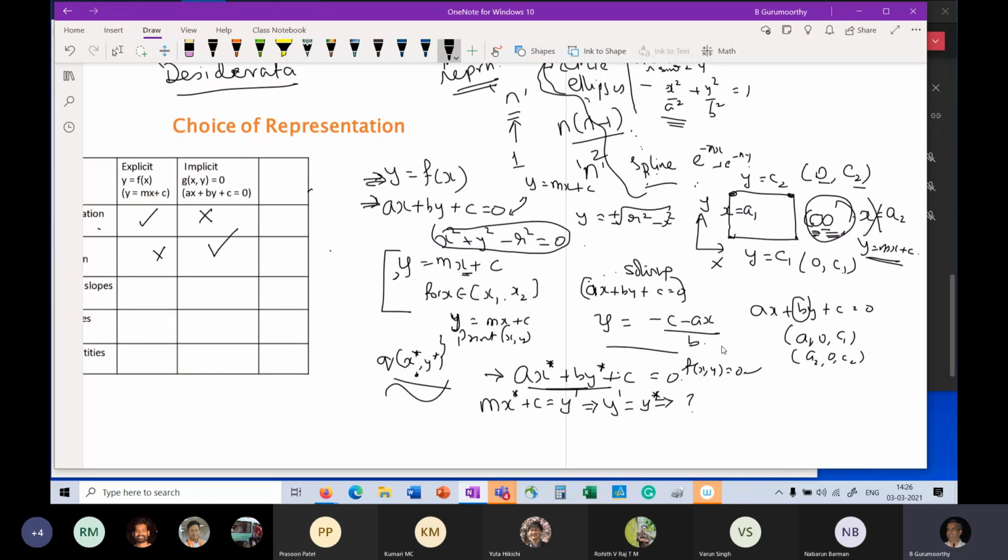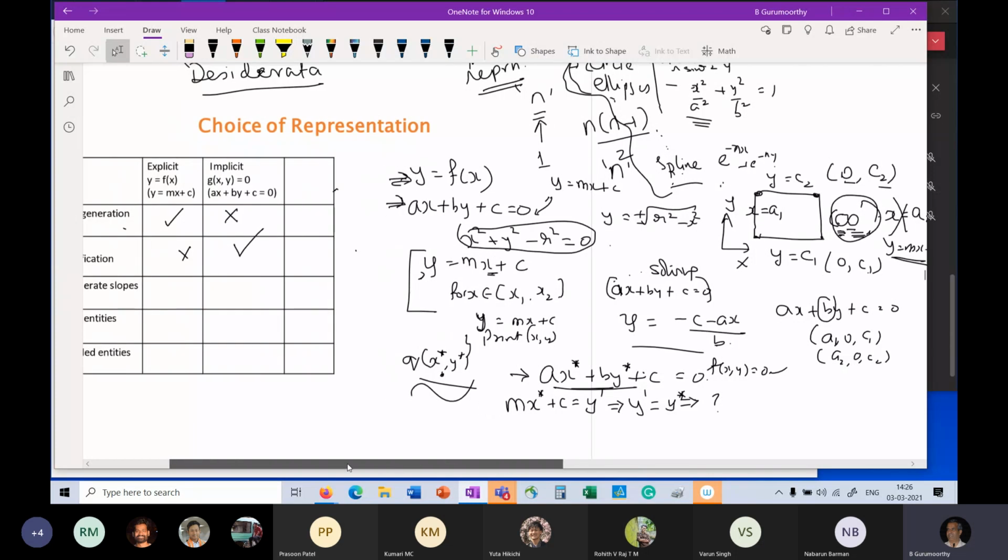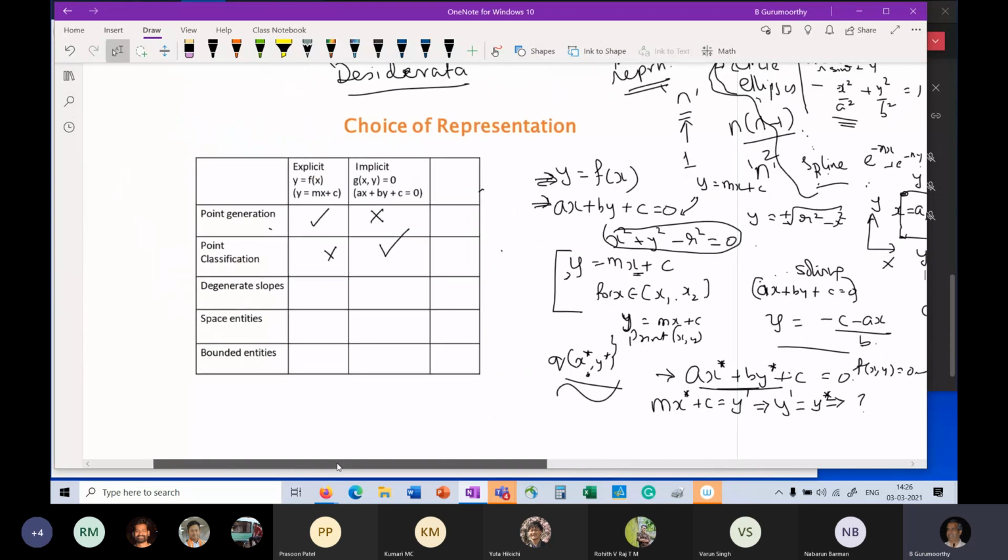And so it's able to handle it. And so if I look at the choice I have, then it is very clear that I cannot use the explicit form for this, and that's what happens.